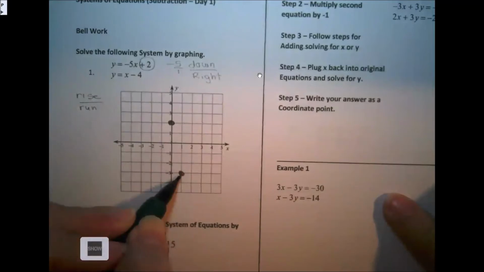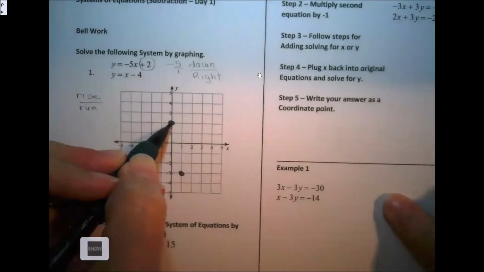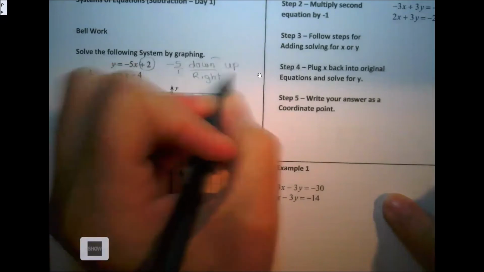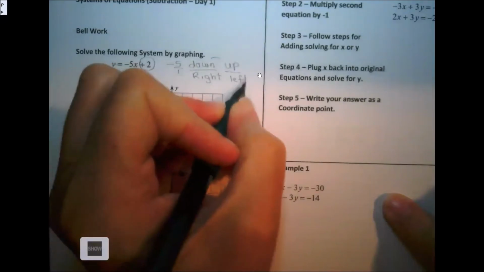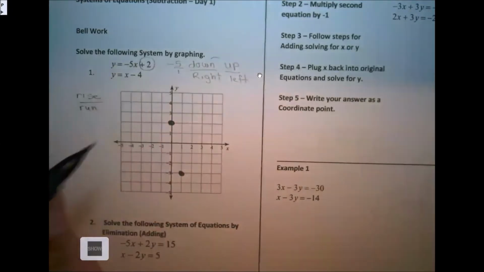And again, I'm going to go down 5, can't go down 5. So that's when you're going to go the opposite direction. The opposite of down would be up and left. And I'm going to try to go up. 1, 2, 3. I cannot go up. So that means that I'm going to just have those 2 dots. And I'm going to draw my line.